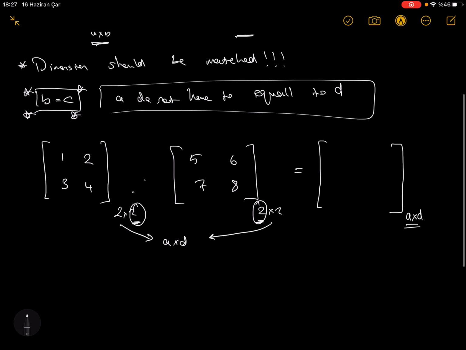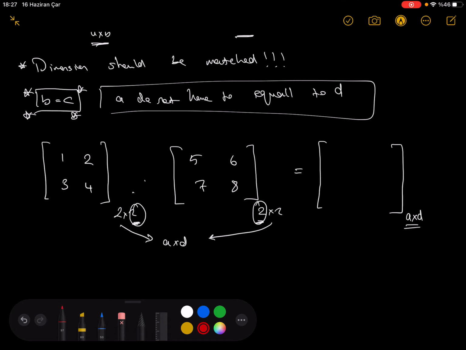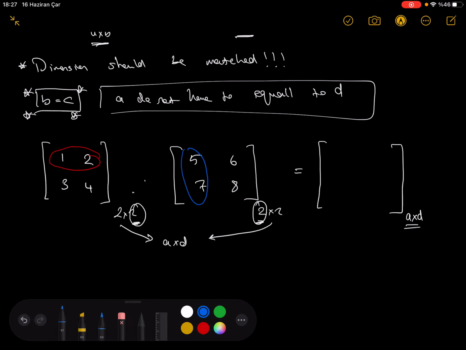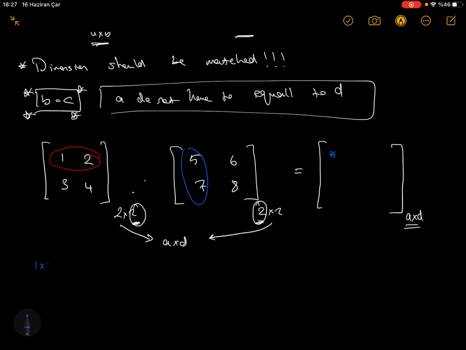Okay, so how is this magic happening? You take the first row of the first matrix, and you take the first column of the second matrix, then apply a dot product. What was the dot product? You just multiply each element with each element. So you need to do that for this one: 1 times 5 plus 2 times 7, which results in 5 plus 14, which is 19.